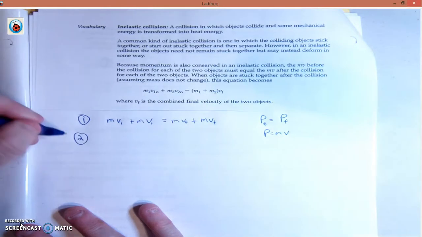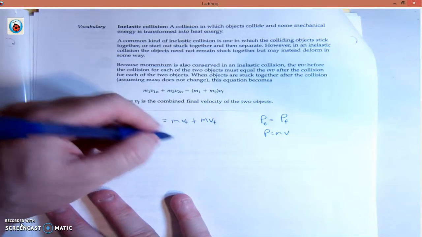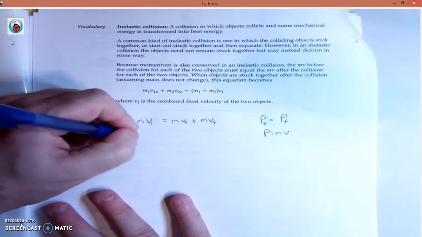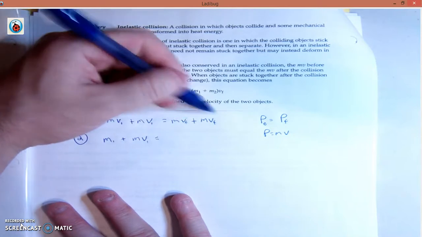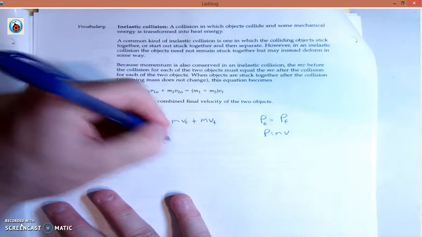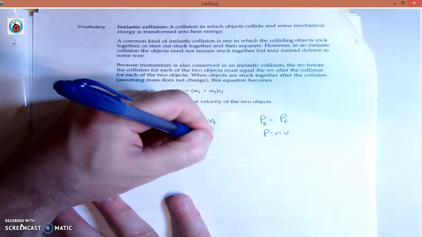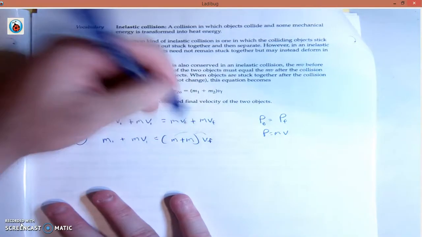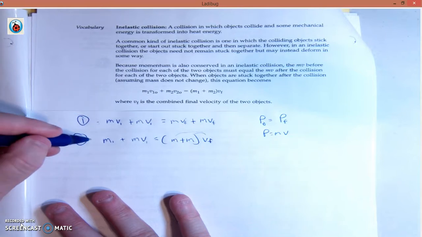We can write it like this: mass times initial velocity plus mass times initial velocity equals, and since we do that substitution, we can open parentheses, mass of one plus mass of the other, and then times final velocity, because we know this would substitute, or multiply in. So this is the same as this, rearranged.